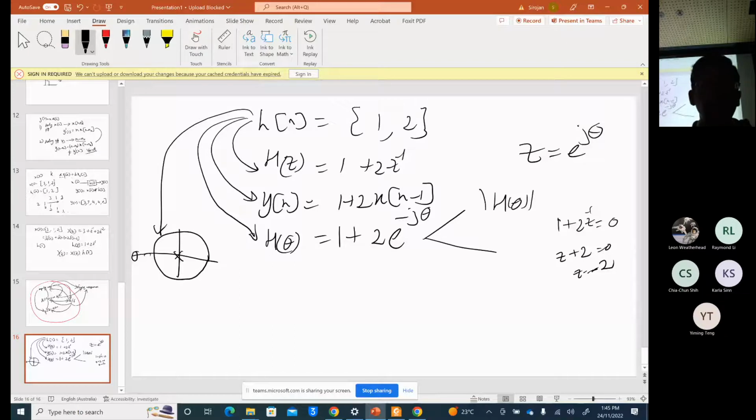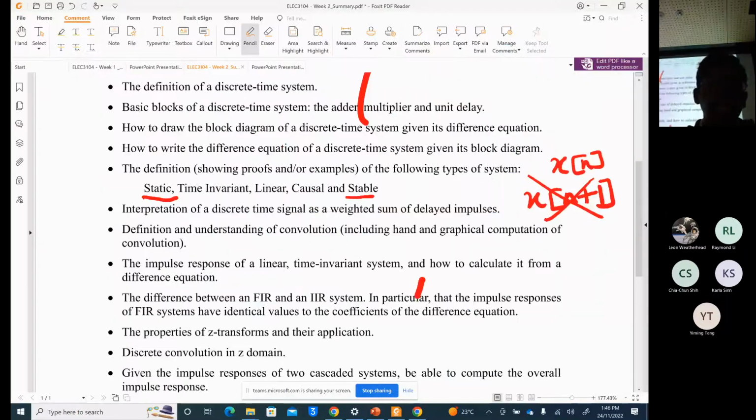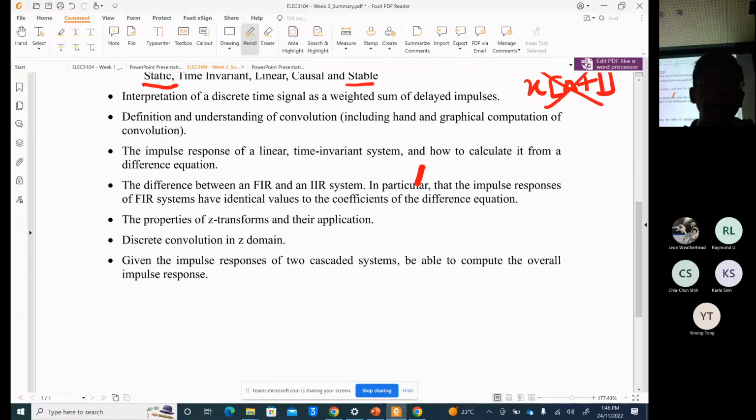Okay, so that is about this one: calculating from the impulse response, discrete time convolution, properties of Z transform convolution.